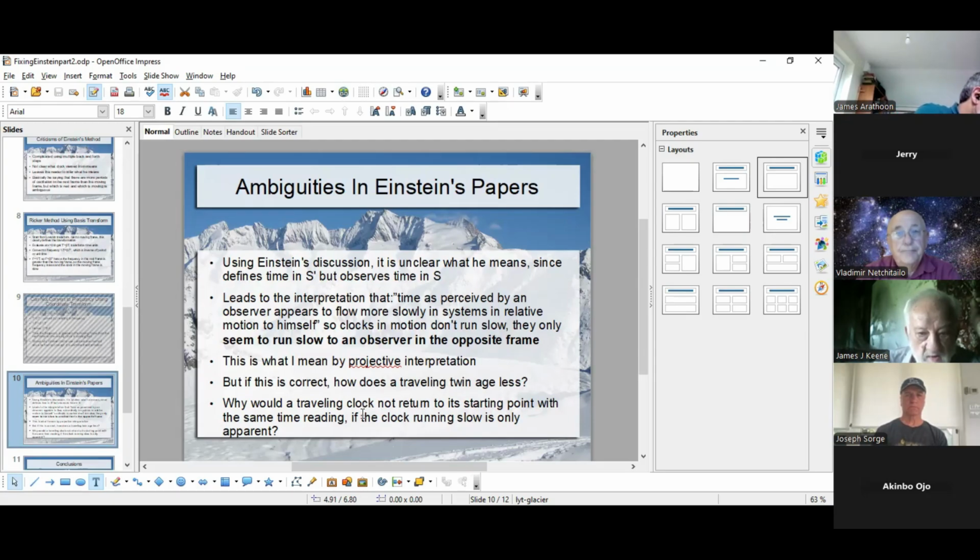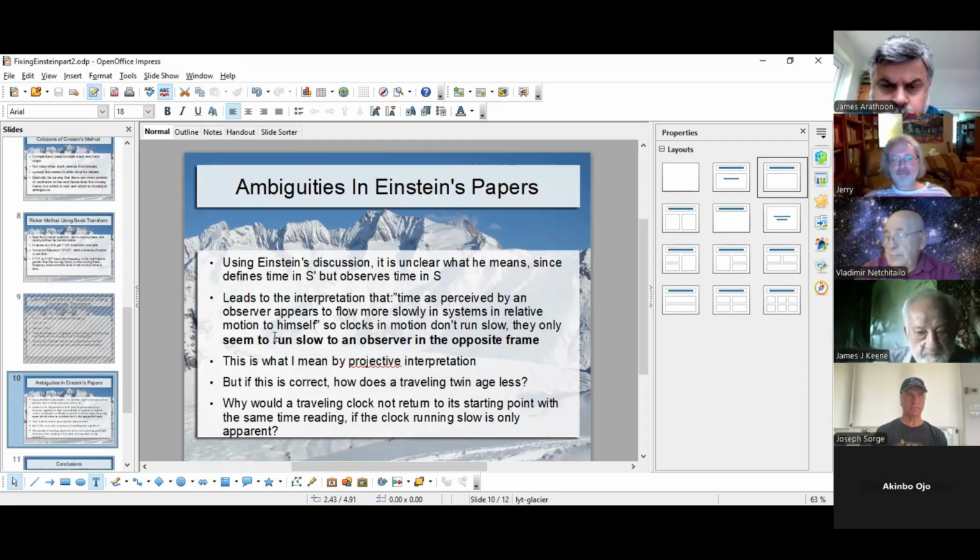Now I'm going to talk a little bit about this. Using this kind of summary of Einstein's discussion, it is unclear what he means, since he defines time in the moving frame but observes time in the rest frame.